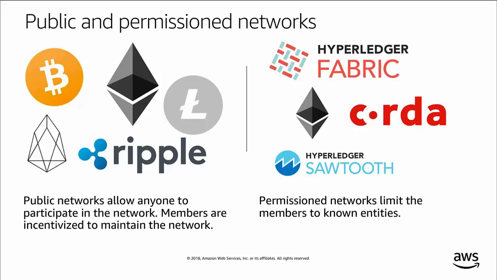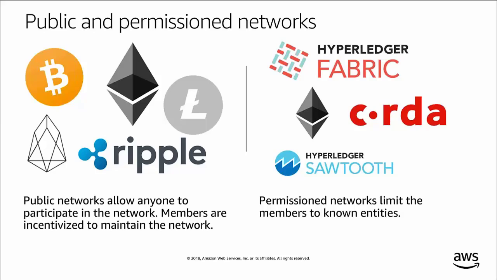These permissioned frameworks don't have an embedded cryptocurrency in them because the incentive for wanting to run the hardware and software and be part of the network is some business externality, like my supply chain is 10% faster, or it costs less money to clear a transaction in a financial services context. So it's a little bit different than some of the public networks.